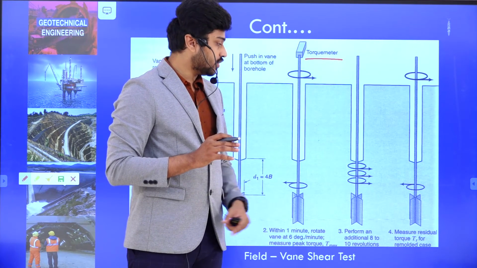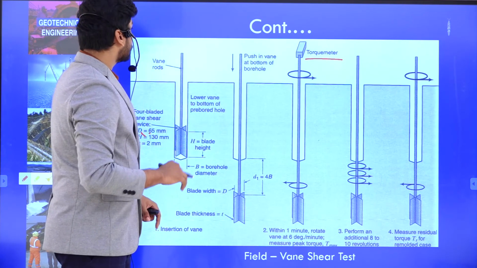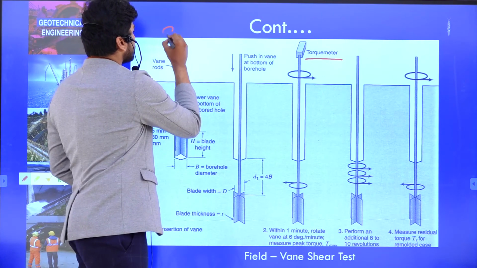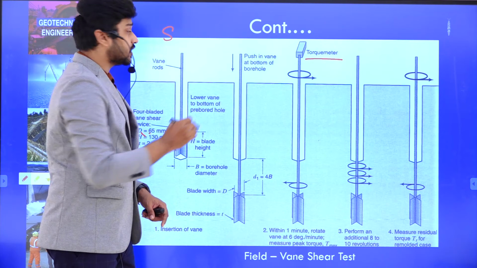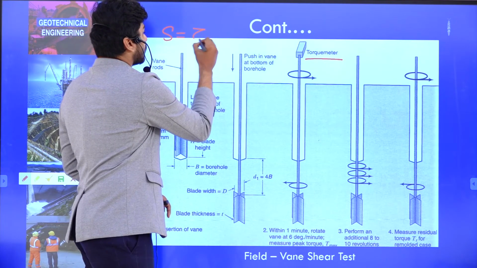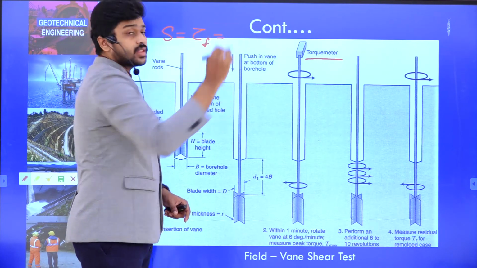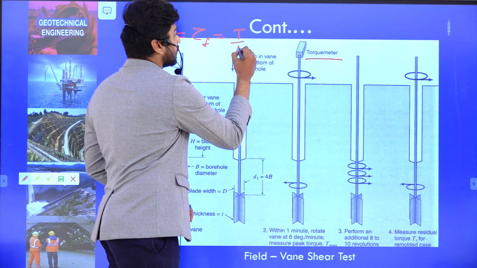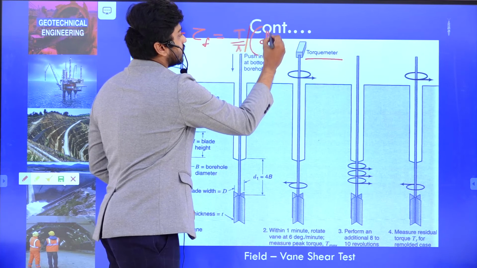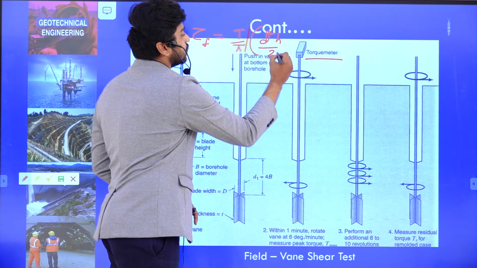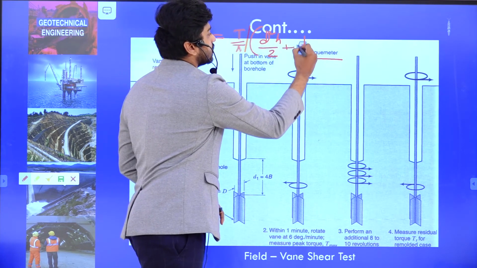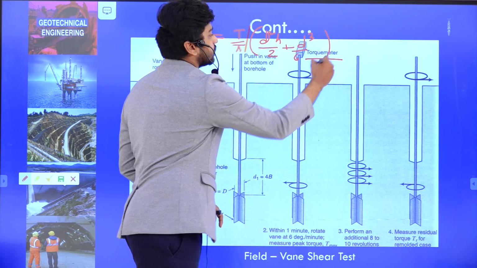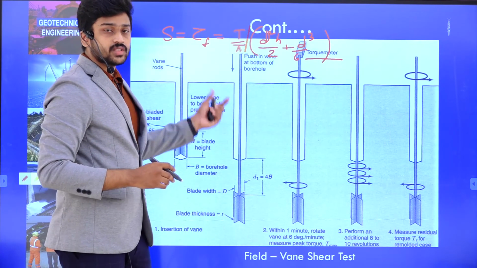After determining, we can say that the shear strength S or tau F can be calculated by T by pi into d square h by 2 plus d cube by 6. That can be evaluated using this formula.